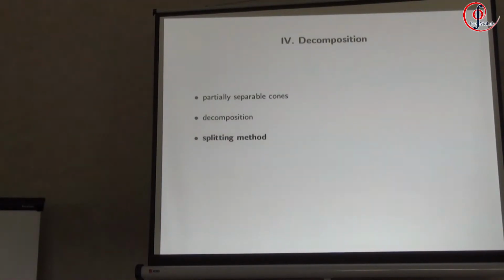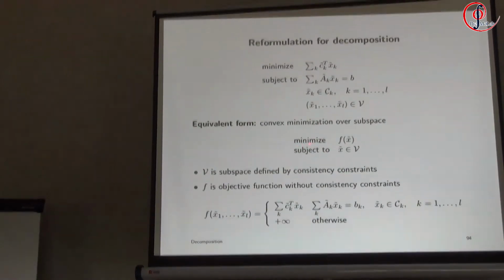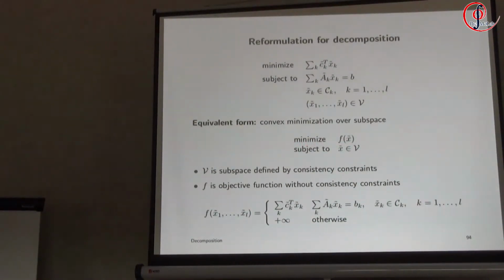So what we did in this paper is to try to do something similar, but with first order methods or splitting methods. Instead of solving this by an interior point method, we solve the same problem with a splitting method. And then it's useful to look at this converted problem as minimizing a convex function f of these variables x tilde, subject to a subspace constraint, just the consistency equations.